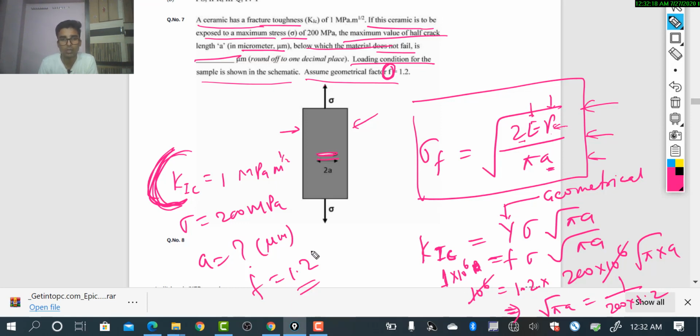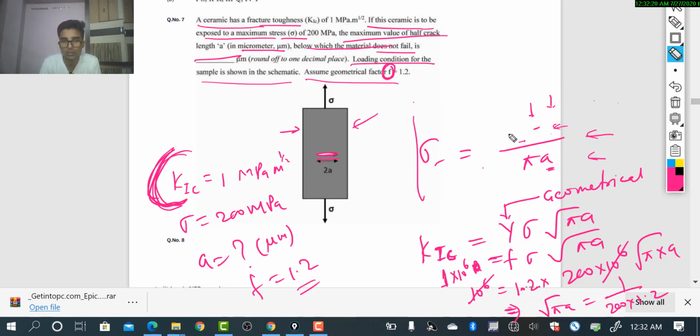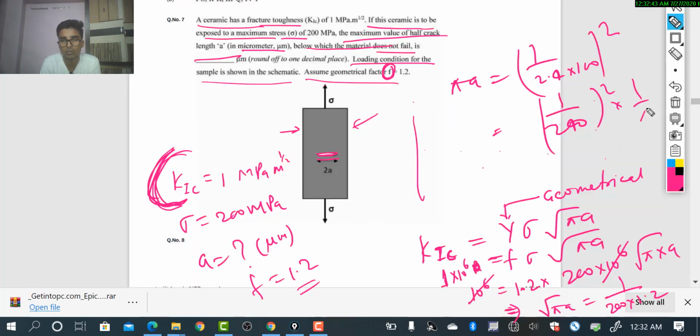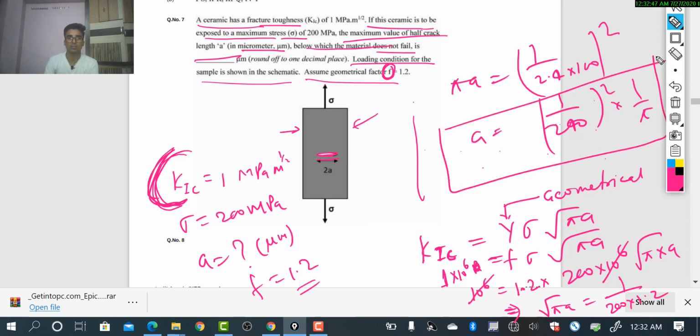Now you can solve it. I don't want to waste anyone's time. So root pi a is equal to 1 by 2.4 into 100, that is 240. I have just multiplied 2.4 into 100, and the whole square, okay. So simply a is nothing but 1 by 240 the whole square into 1 by pi. So that is the answer for a. You can find it out. You will surely get the answer, okay.